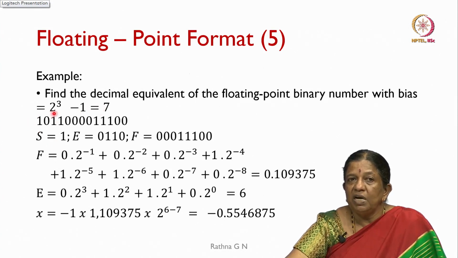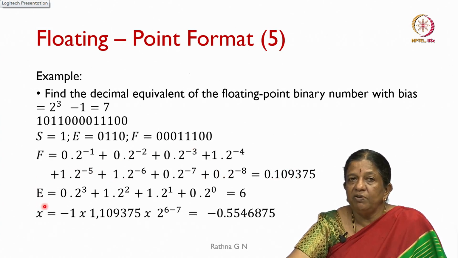I will be using 4 bits for my exponent, which is 0, 1, 1, 0, and the rest are fractional bits, which are 3 zeros then 1 1 0 0. When I represent the fraction part, 0 into 2 power minus 1 and all 3 of them are zeros, and the next number will be 1 into 2 power minus 4, and then you will see 1 and the rest zeros, which is nothing but 0.109375 as the f value.